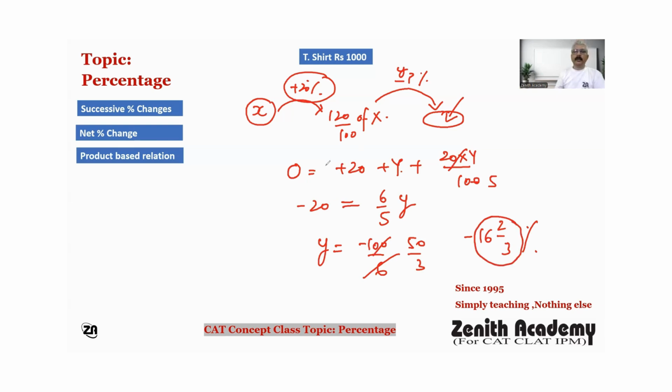So here you can understand, suppose the price of petrol is increased by 20%, then by how much percent should I reduce consumption so that the net expenditure is zero? So it is 20 and this is Y, then Y is equal to 16.66%, means I should reduce the consumption by 16.66% if I don't want to change my expenditure.